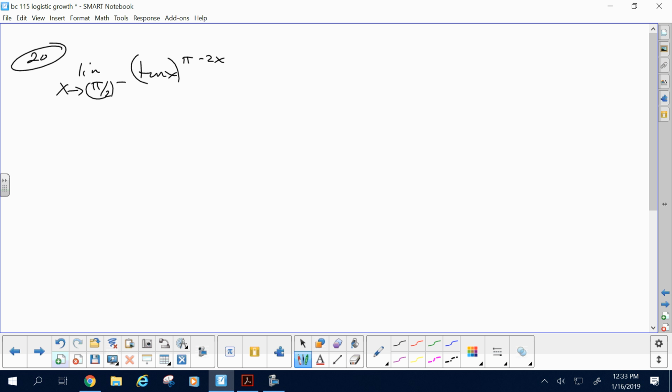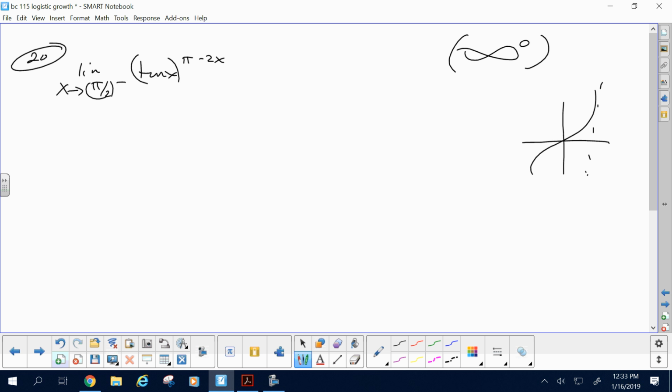Now, first thing is you don't want to do all this log stuff if it's not necessary. So mentally, this part doesn't have to be shown. It's only the L'Hopital that has to be justified. But in my mind, I'm saying this approaches infinity to the 0.